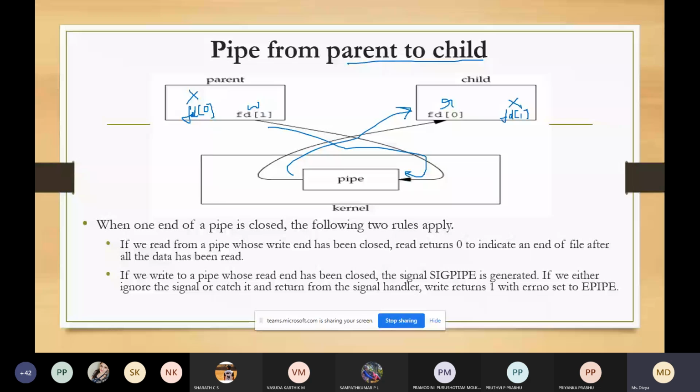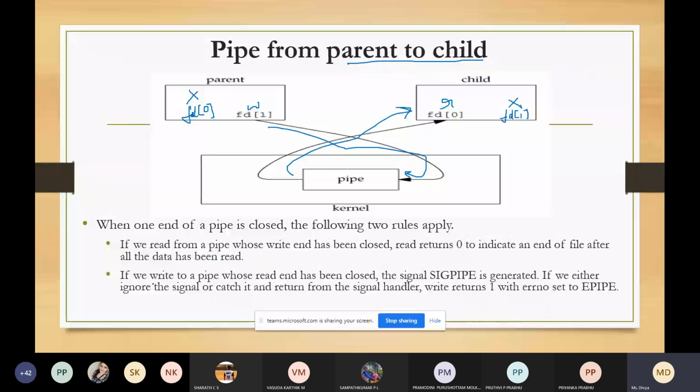When one end of the pipe is closed, the following two rules apply. If you read from a pipe whose write end has been closed, read returns 0, indicating end of file, after all the data has been read.